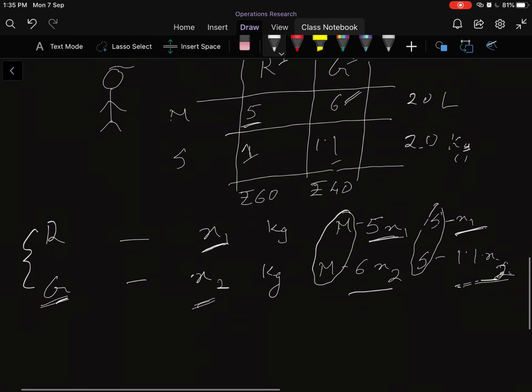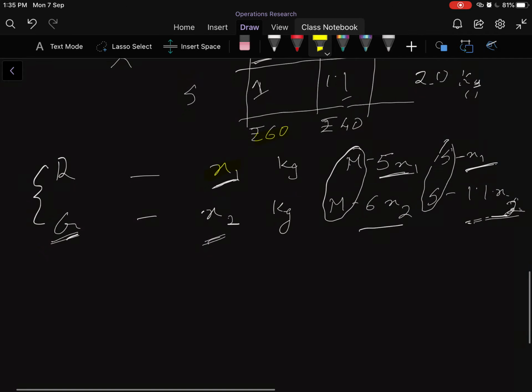Therefore, if he sells x1 kg of rasgulla, then the total profit would be 60 multiplied by x1. That means he would be making a profit of 60x1 only by selling rasgulla.